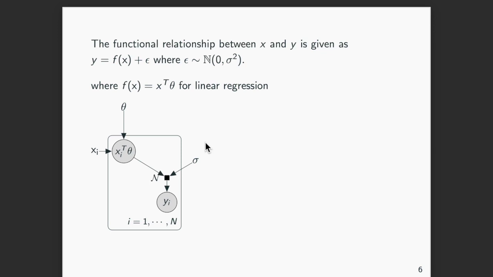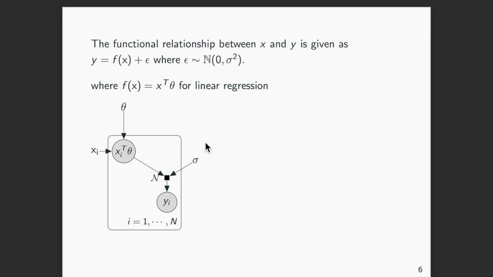In the previous course, what did you write x_i transpose theta equal to? Y hat, right? Our estimate was y hat equal to x_i transpose theta, but for now we are not just considering the mean, we are considering that there could be some dispersion or some noise, sigma. So my y_i is given as a normal distribution whose mean is x_i transpose theta and there is some dispersion sigma.